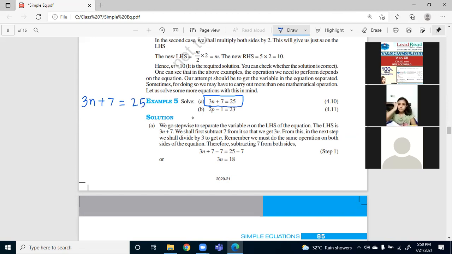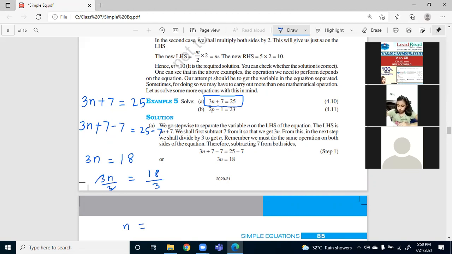First of all, I will subtract 7 from both sides: 7 minus 7 is 0 and 25 minus 7 is 18. Now what will I do? I will divide both sides by 3. Then this 3 and 3 will get cancelled. So n is equal to 18 upon 3, that is 6.